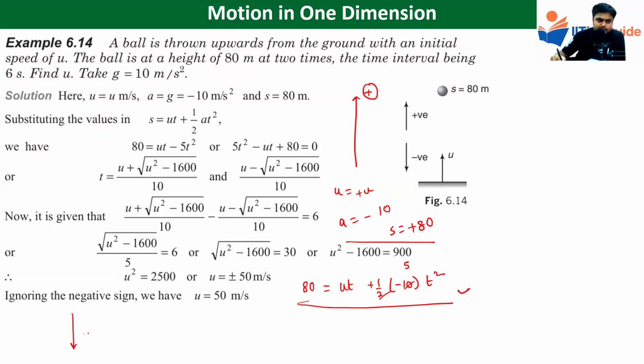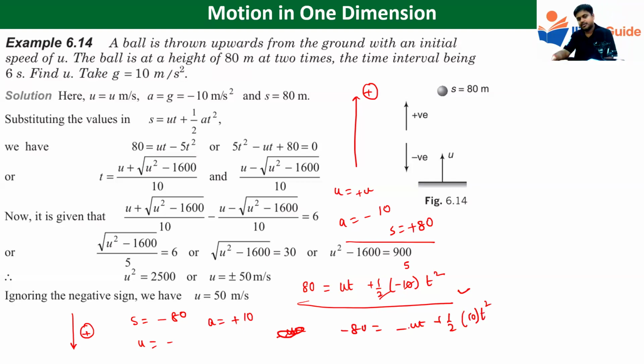If you've taken below as positive, then s will be now negative 80, u will be negative and acceleration will be positive 10. So therefore we have minus 80 is equal to minus ut plus half 10 t square. This is nothing but the first equation just multiplied by minus 1.